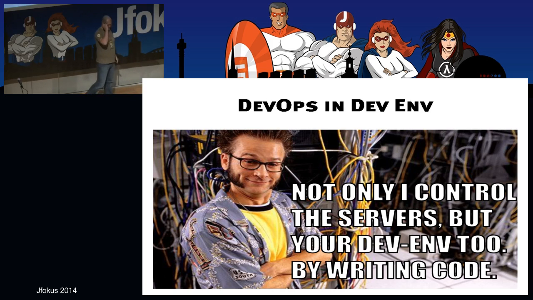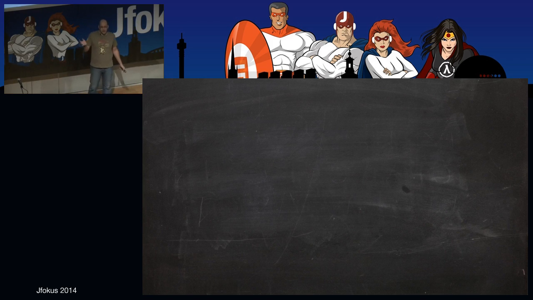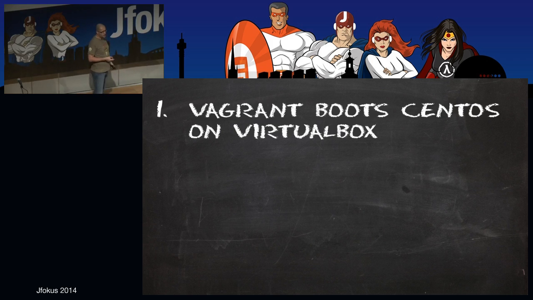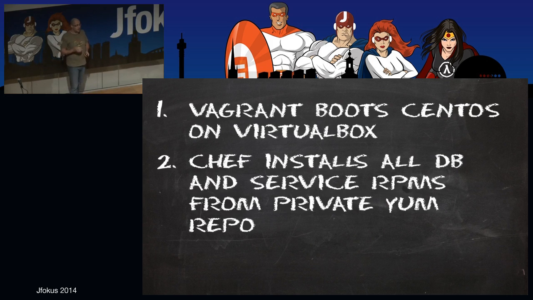I'll do it once. But yeah, it gets closer to it than doing it by any other means. So actually this is it. This is most of the magic. Vagrant boots CentOS on VirtualBox.